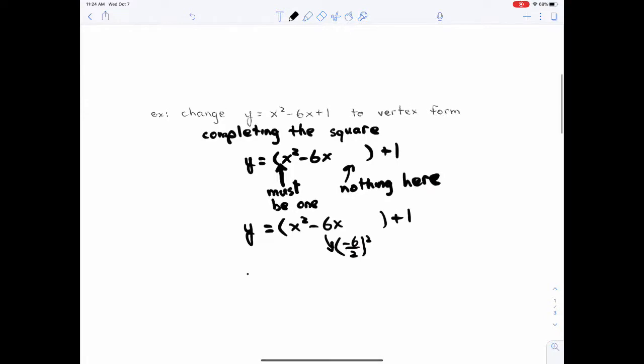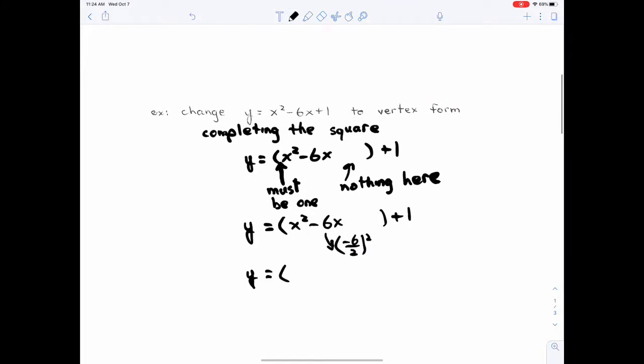If you don't get that, go back and look at those first 3 examples, or 4 examples, that's all I did. So it's x squared plus 6x, and I'm going to put at the end, plus 9. Okay? And now all I do is factor it.